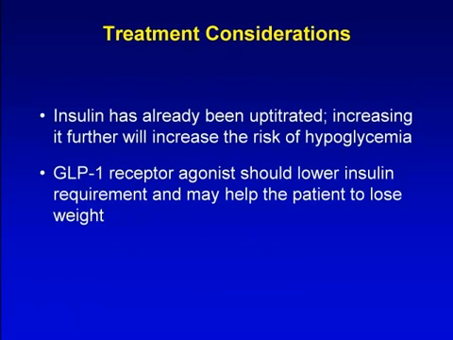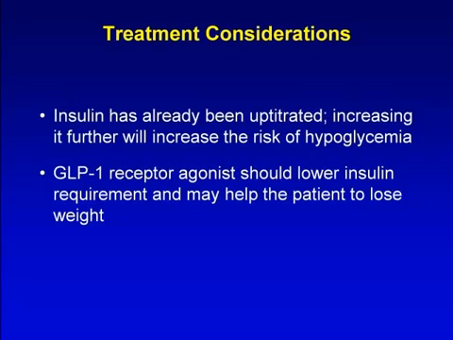In this scenario, since his insulin has been titrated up to 55 units of insulin glargine, if you were to go the insulin route, you would have to probably add a short-acting insulin, which would then predispose to more hypoglycemia, and also he would have to take many more shots a day.